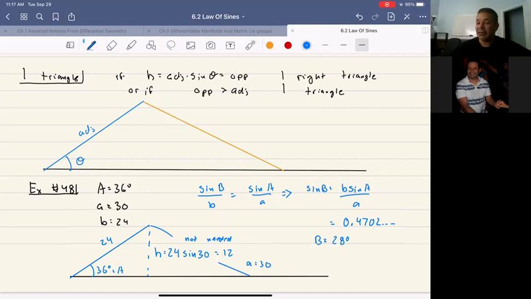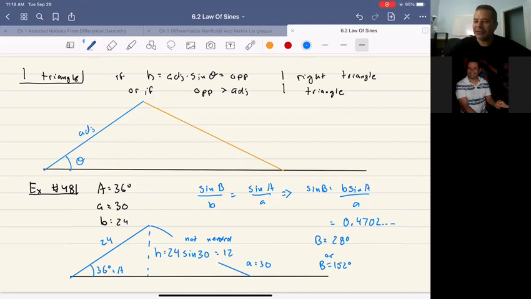Now, again, you might also ask, what about the other angle that gives us that sine? What about 151.95 degrees, so 152? What's wrong with that?